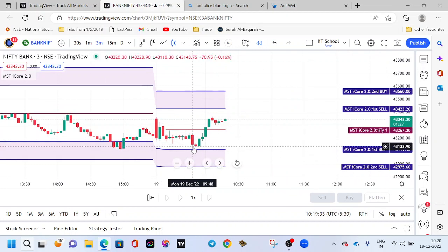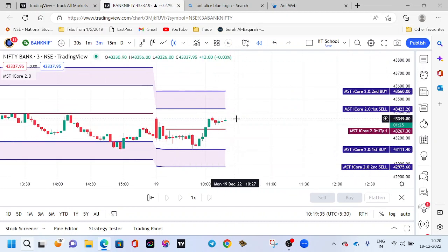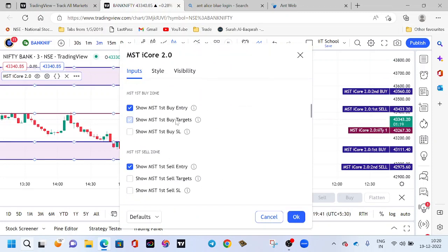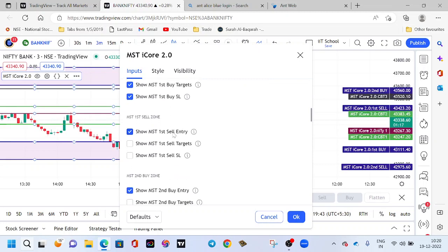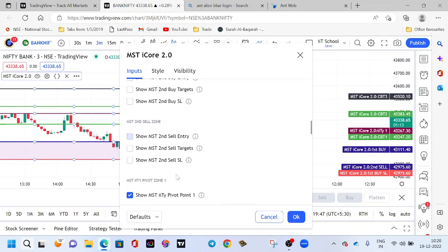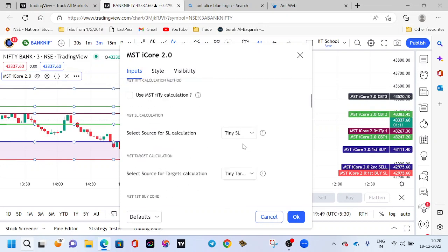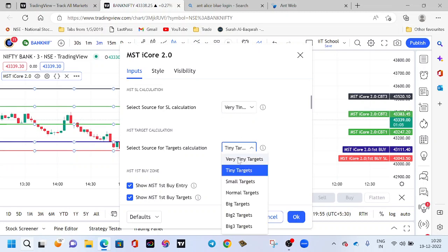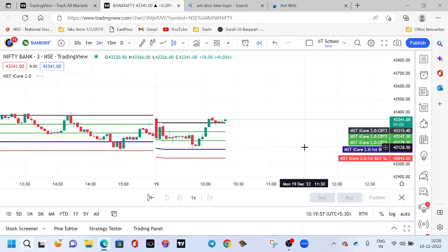Once the market buy or sell is activated, go here to the indicator settings and enable first buy entry, first buy SL, first buy target, and you can remove all other things. If you are a small trader, you can keep a very tiny SL and very tiny targets.